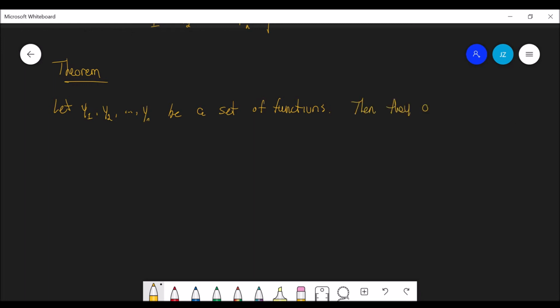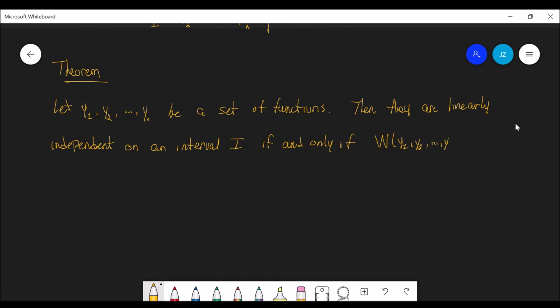Then they are linearly independent on an interval I if and only if the Wronskian is not 0 for every x in the interval I. So to determine whether a set of functions is linearly independent, take the Wronskian.